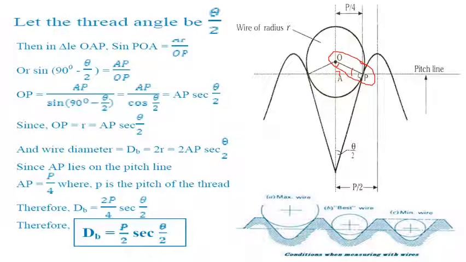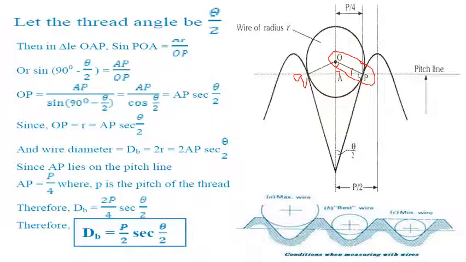AP lies on the pitch line, and we already know that AP is equal to P by 4. If I consider this point as Q, then PQ will be equal to P by 2, and AP is half of PQ, so it will be P by 4, where P is the pitch of the screw thread.